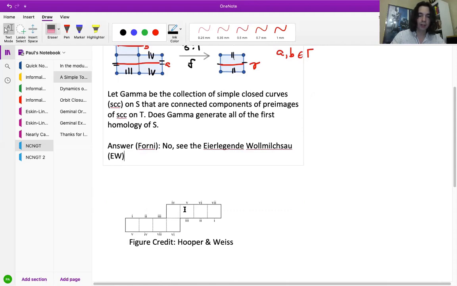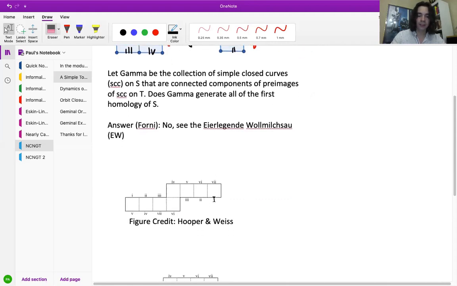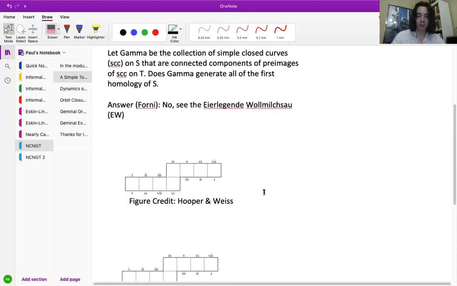So there's a picture of it right here. As it says, this figure was produced by Pat Hooper and Barak Weiss. So this surface that we see is an 8-to-1 cover of a flat torus. So we see 8 squares here. We send each of those to the square torus, and that gives us this 8-to-1 cover.